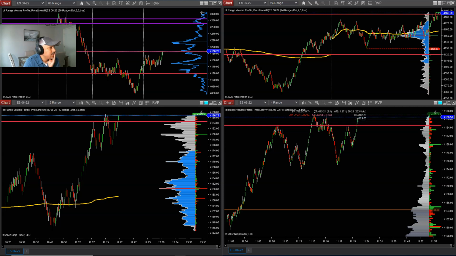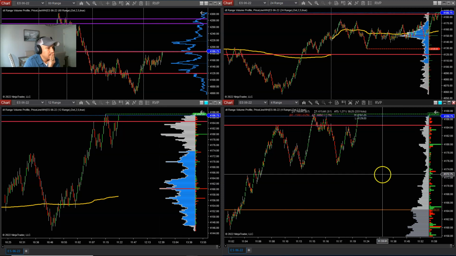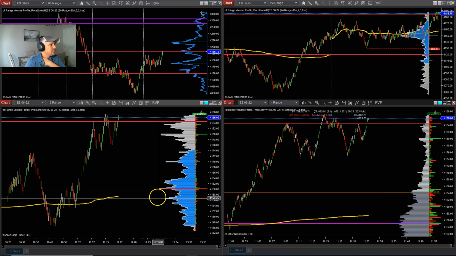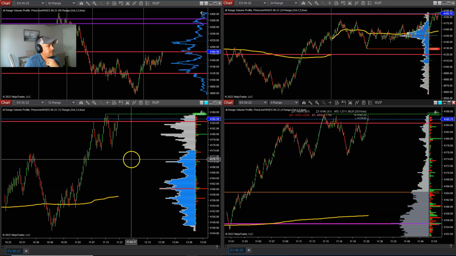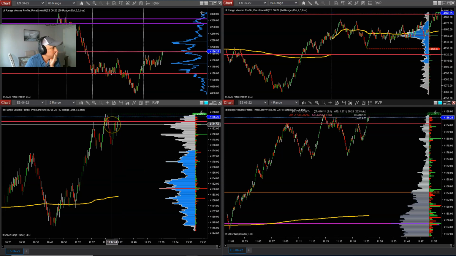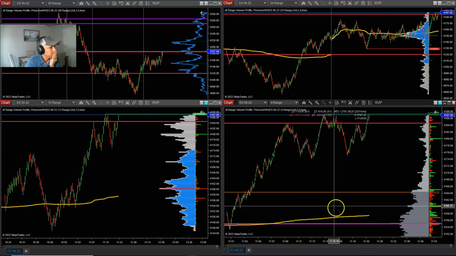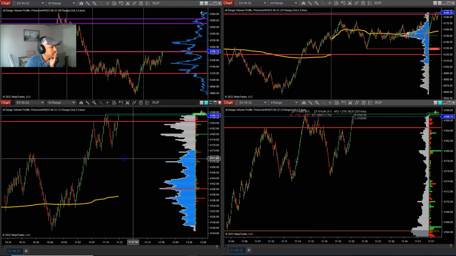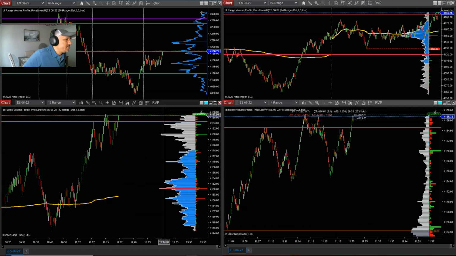Looks like it may be trying to push higher. Okay, does appear that way. Maybe it's not done pushing higher yet.